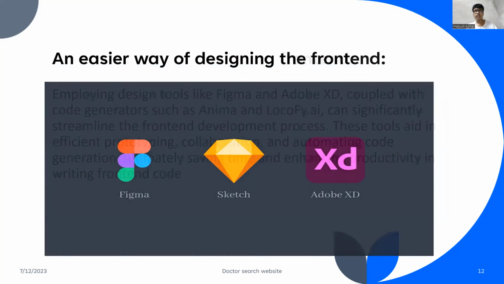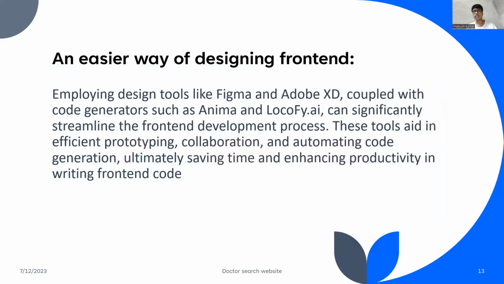So some design software like Figma and Adobe XD, these are basic UI design software that actually help to design the basic front end part. And there are some AI code generators like Anima and Locofy, which help you to automatically generate all the HTML and CSS code related to the design which you have built inside Figma.